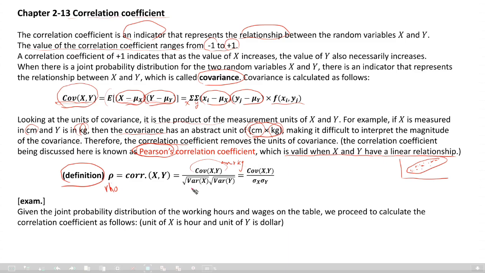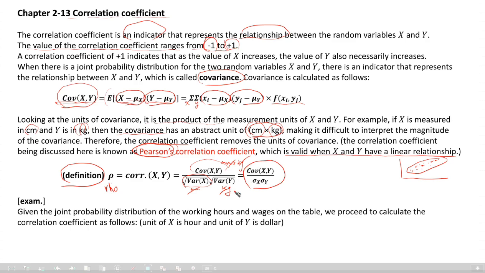The standard deviation of X has the unit centimeter and that of Y has the unit kilogram. So the units cancel out, and the correlation coefficient has no unit. It lies from -1 to +1. This is the definition of the correlation coefficient. You understand that?